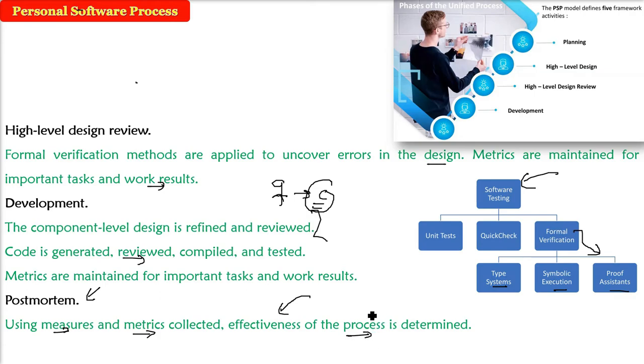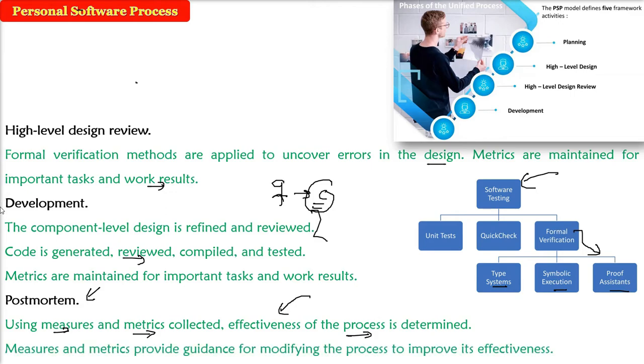Anyone can take any other process. So we need to find out the effectiveness. These measures and metrics, which we follow right from the first planning, high level design review, and then development, will guide us on how to improve the effectiveness of the process. Because we need to do better.